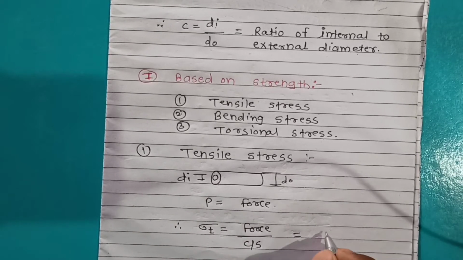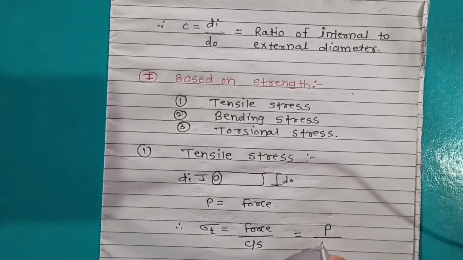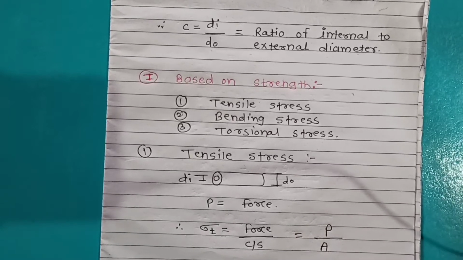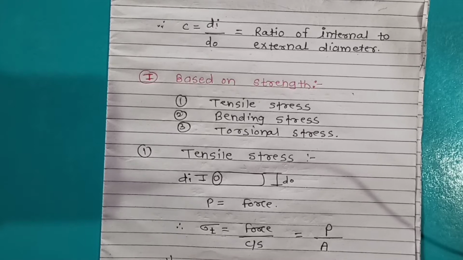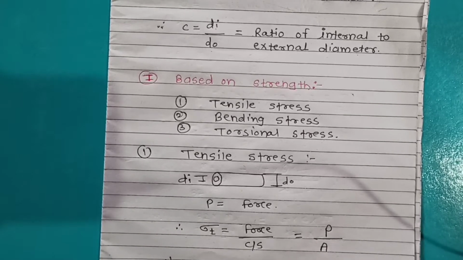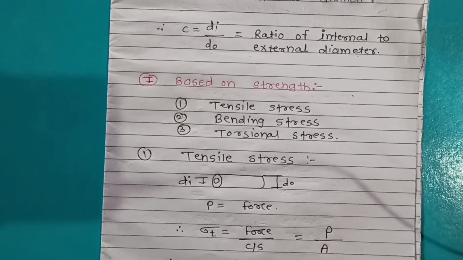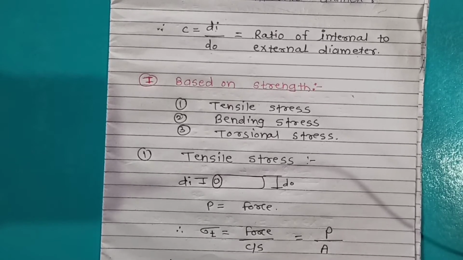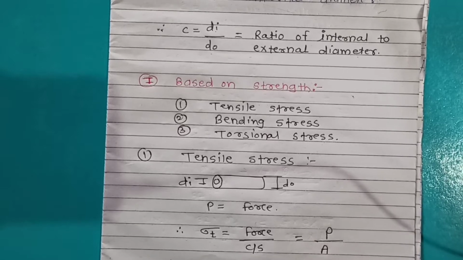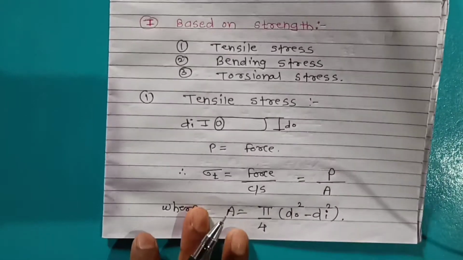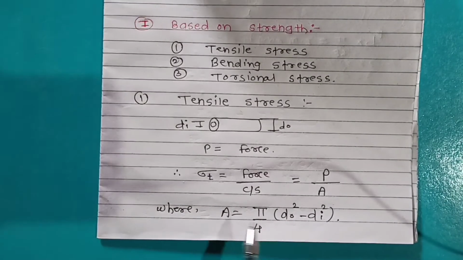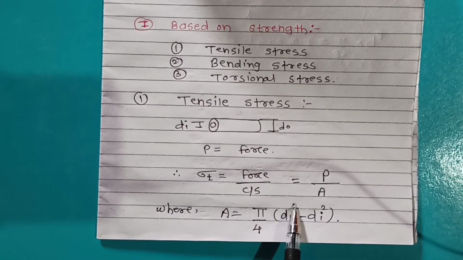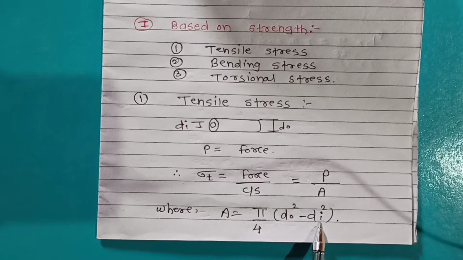Here the applied force is P divided by cross section area, represented with A, and the formula of A is pi by 4 into (DO square minus DI square). DO is nothing but the external or outer diameter, and DI is nothing but the internal diameter.